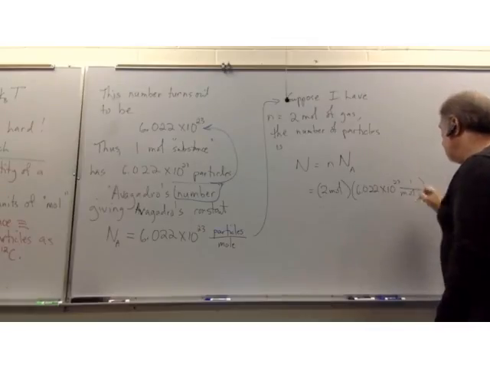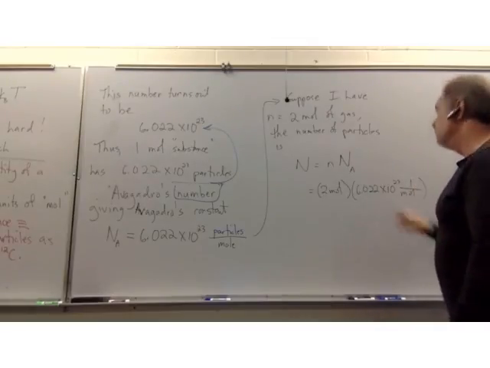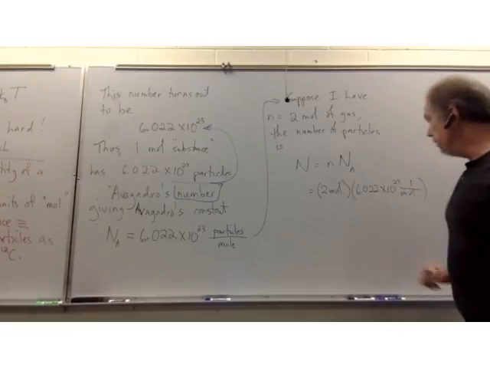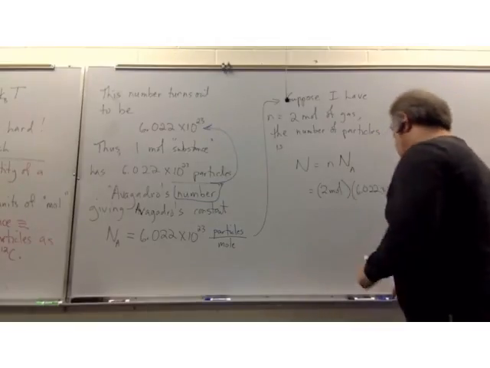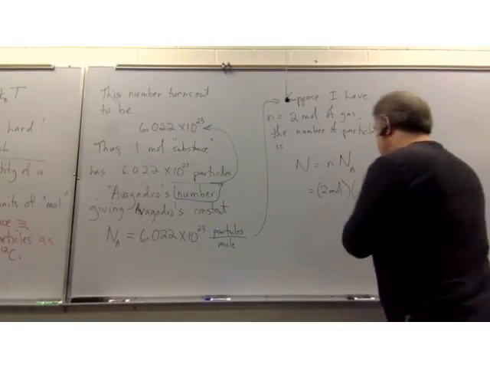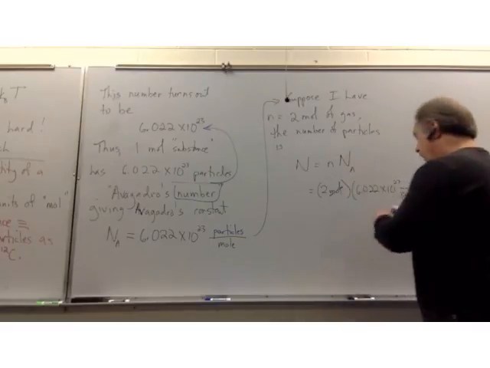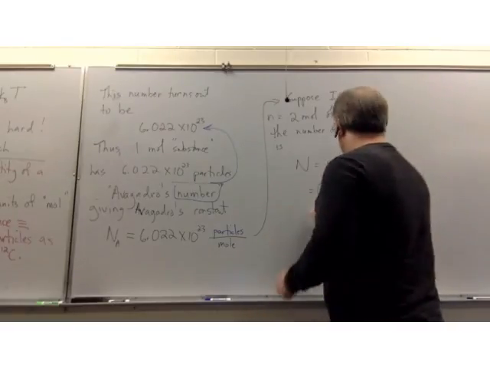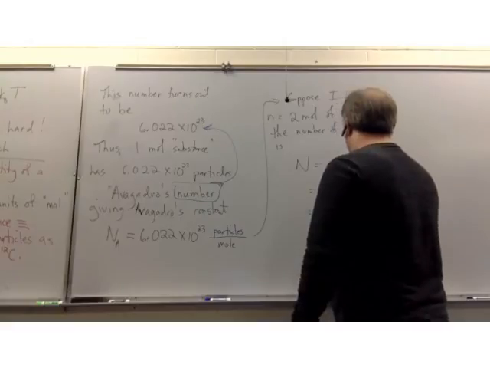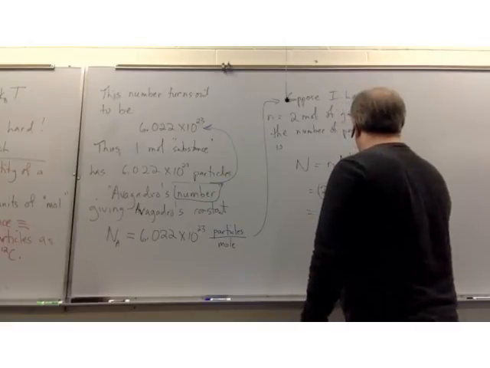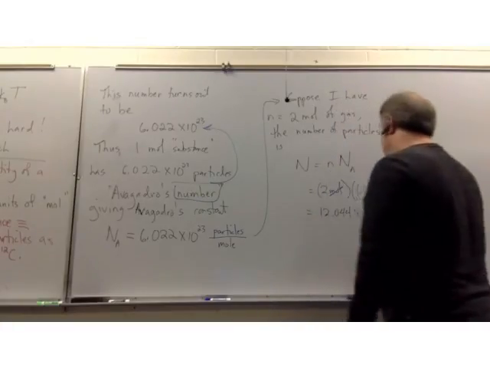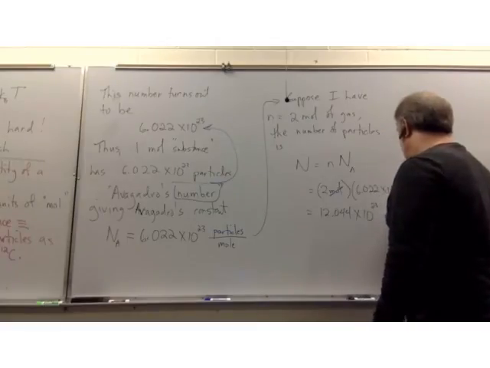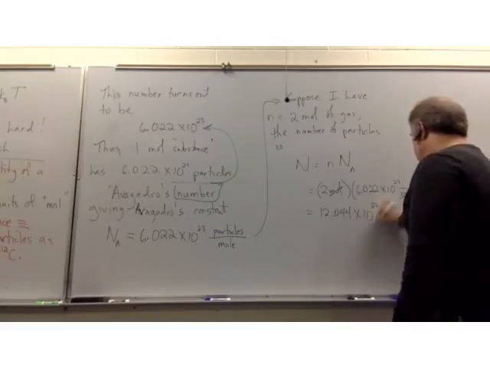And as I just said, the word particles doesn't actually appear in the math, which is good, I guess, because the moles divide out and the number of atoms just works out to be 12.044 times 10 to the 23rd.